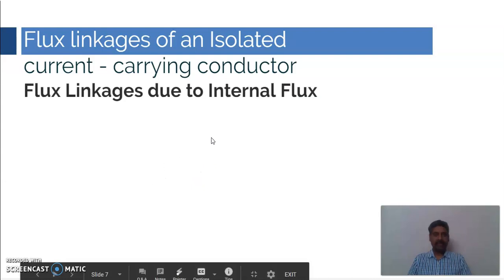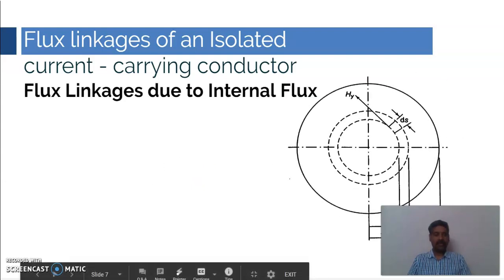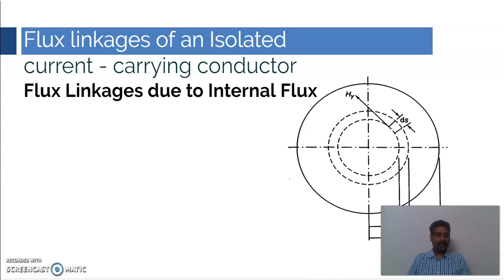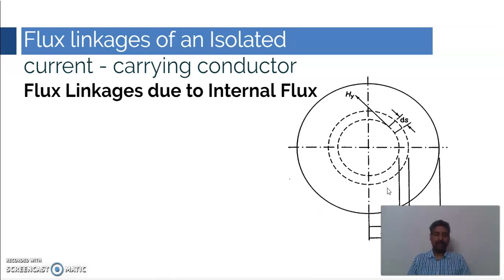Let us see. This is the conductor we are going to consider, and the conductor has a radius of r. We are dividing the flux linked with this conductor into two categories.